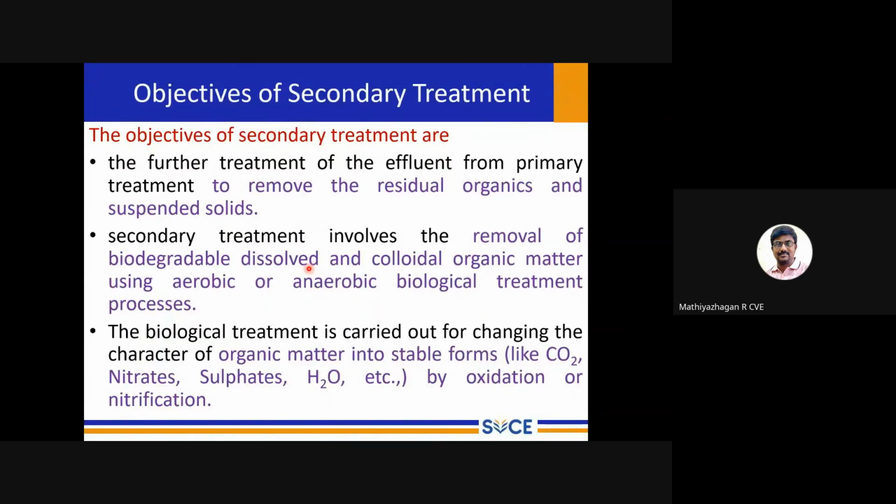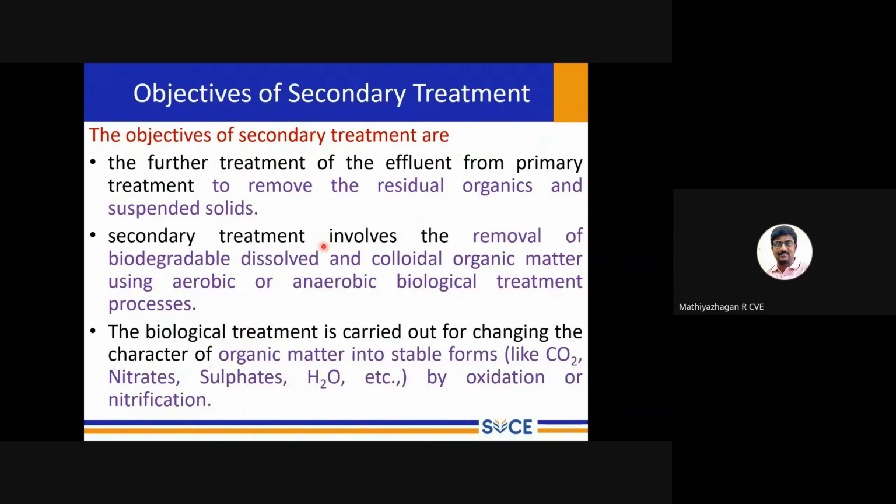During this treatment, we convert everything into stable byproducts. Mainly the treatment happening here is aerobic and anaerobic. The aerobic and anaerobic bacteria contribute to decomposing the organic matter present in the sewage.